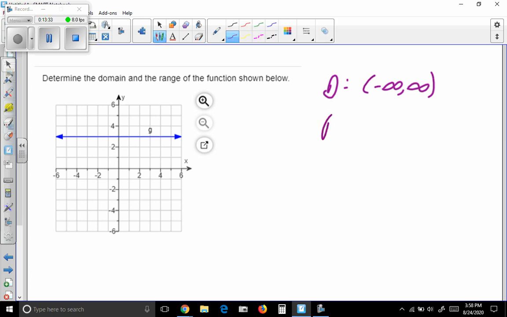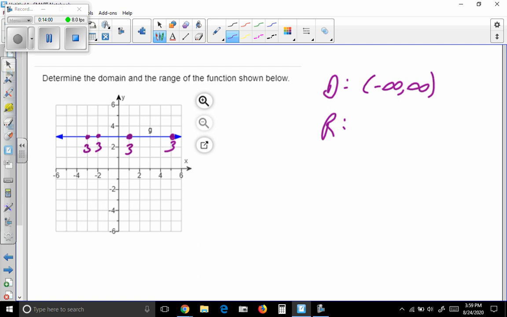Now what about the range? The range is the y value, so how far up and how far down. So what is the y value here? Well, that y value is 3. What's the y value here? Well, that y value is also 3. Everywhere we touch on that graph, the y value is 3.